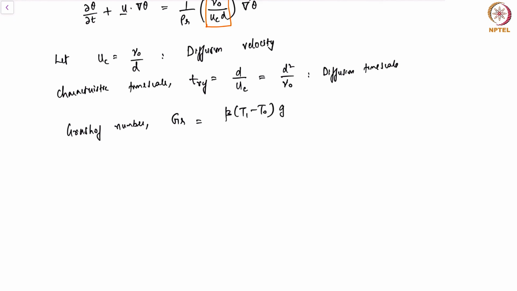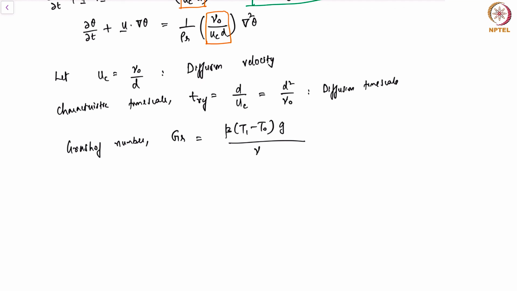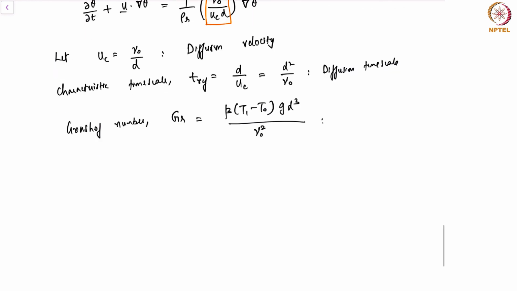We have a d there, but now we also have uc at the denominator. If I substitute the expression for uc, I am going to get nu naught square times d cube. This number tells us the ratio between buoyancy force to viscous force.